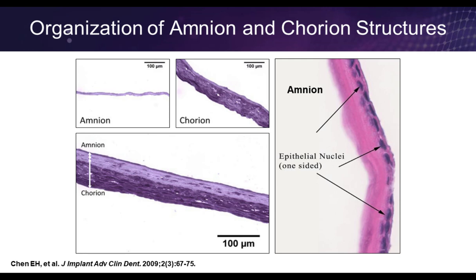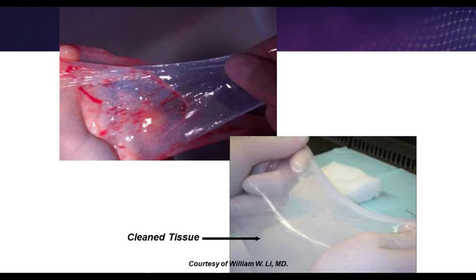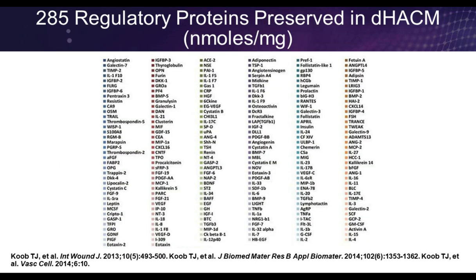Now, it turns out that it's relatively easy to separate amnion and chorion from a normal placenta, as you can see in this tissue example here, where Dr. Will Lee has obtained a normal term placenta and is demonstrating how one can separate the amnion and chorion layers.